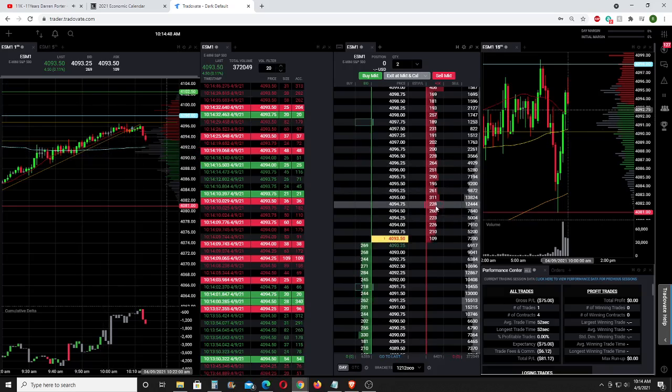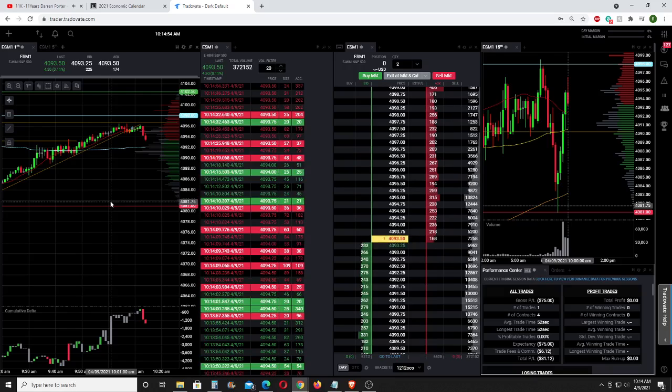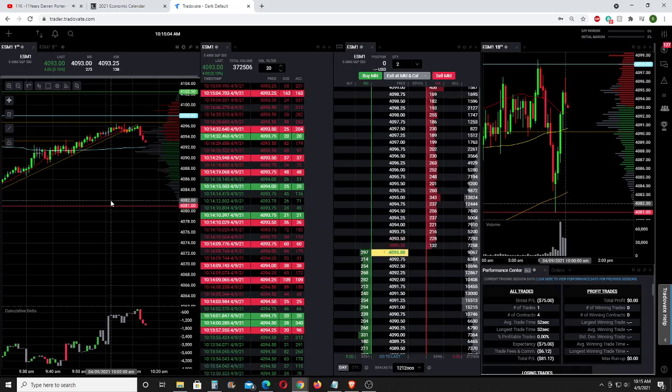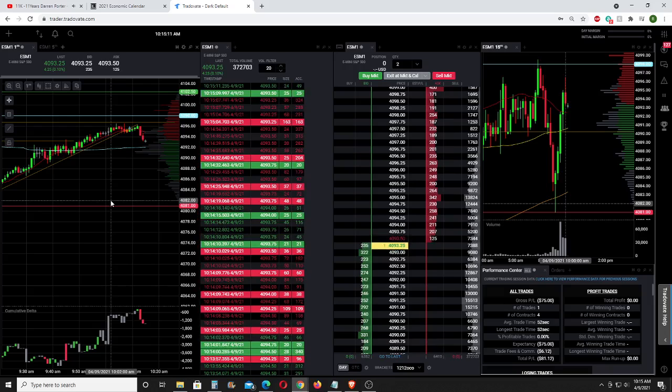Should have been up with it right there. I missed this move.